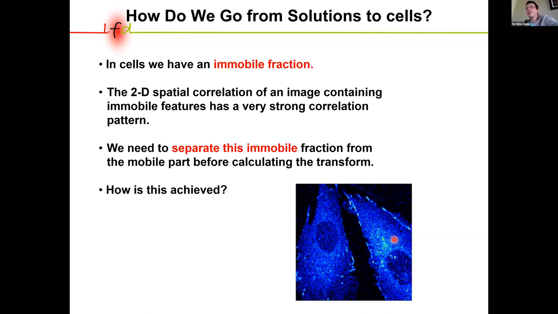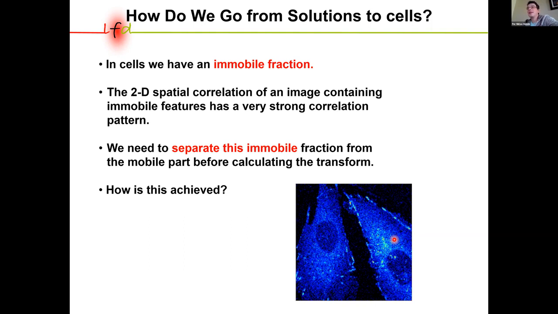So you can have some molecules that give you fluorescent signal that don't move. They are just sitting in the same place, more or less. And then you have other molecules that also contribute to your fluorescent signal that are actually moving. These are the ones that you are interested in measuring. So we typically have this immobile fraction in cells, and we need some way to correct for that.